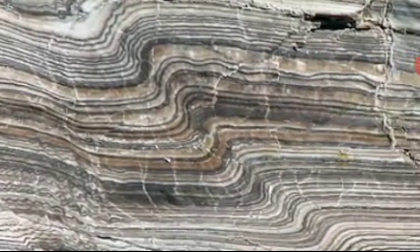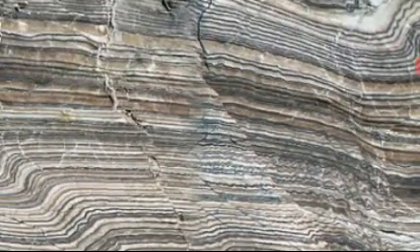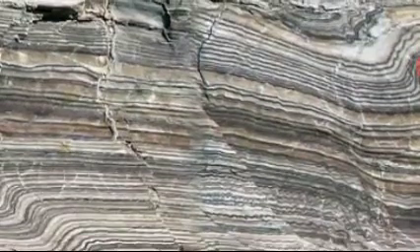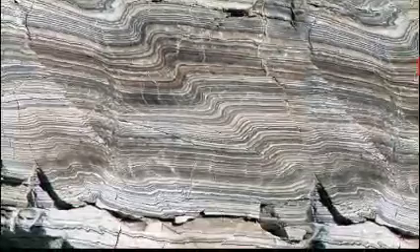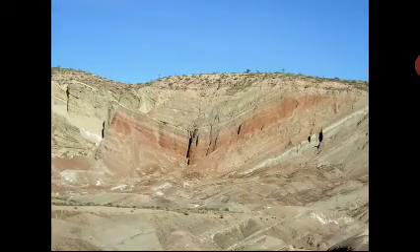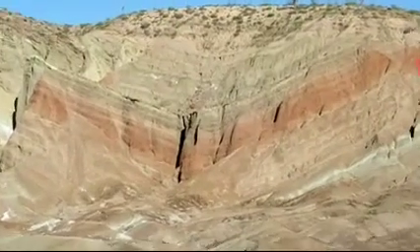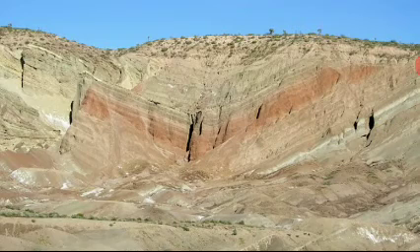Many folds are there. One is syncline, anticline, and syncline again. Again, here at the right side, you can see a fold. Like this, you can find them in the field. See here, the thickness is big. You can find the clear layer with the reddish cherry red colored strata.